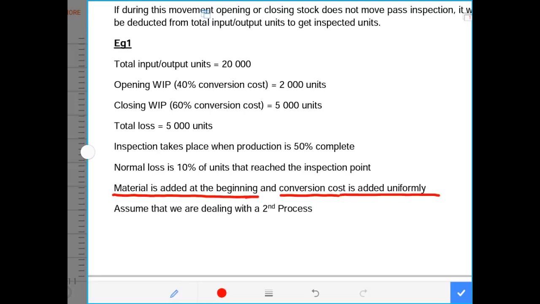So now obviously when it comes to conversion cost, they say they are added uniformly. That means they are incurred uniformly. It's always the case that conversion costs are added uniformly, because you can't add electricity at the beginning of the process and add all the electricity.